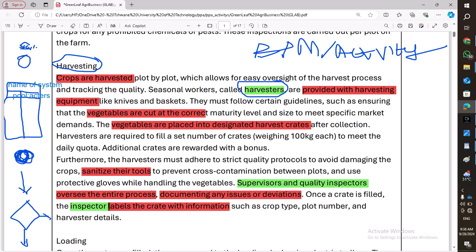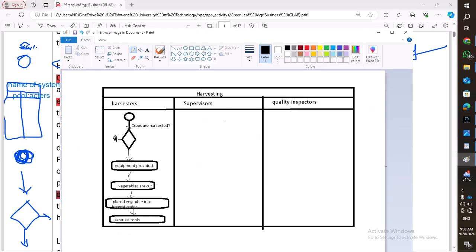Now we're on the inspectors. What the inspector does is oversee the process. Then the supervisor.